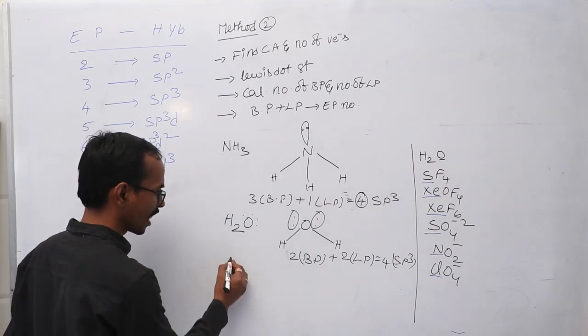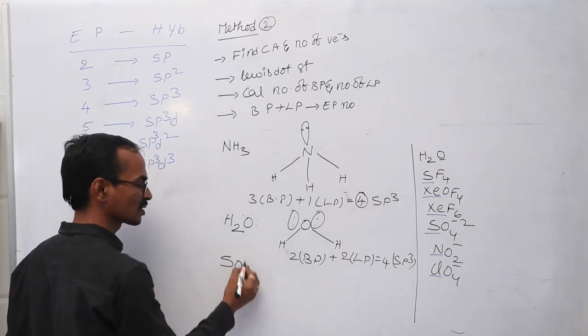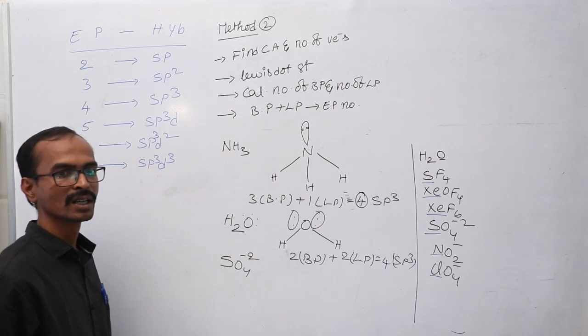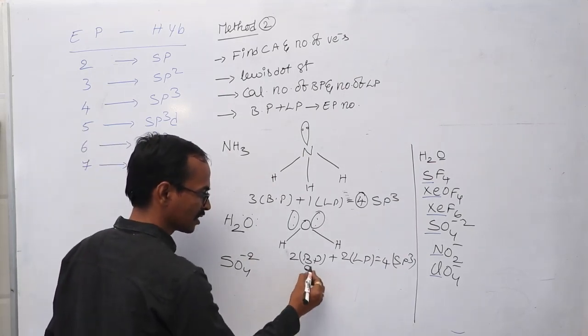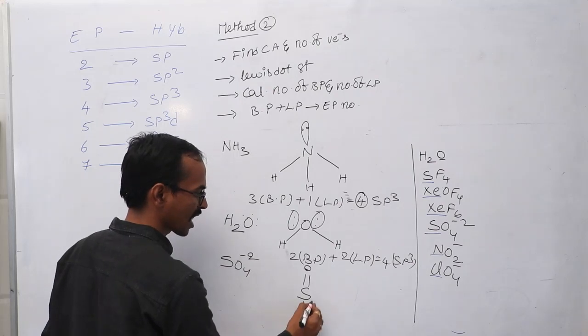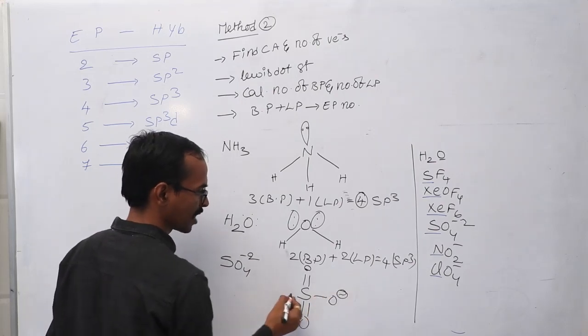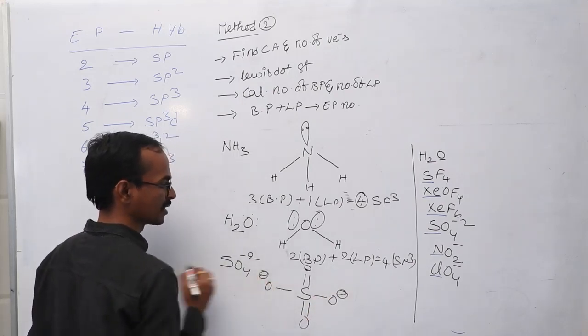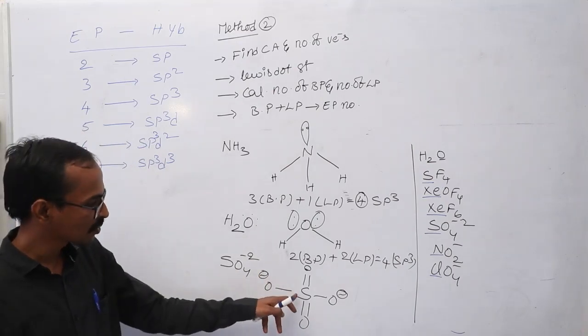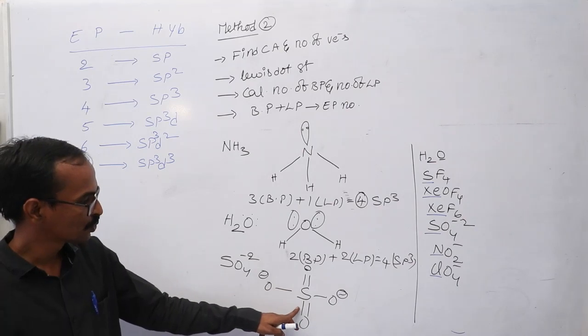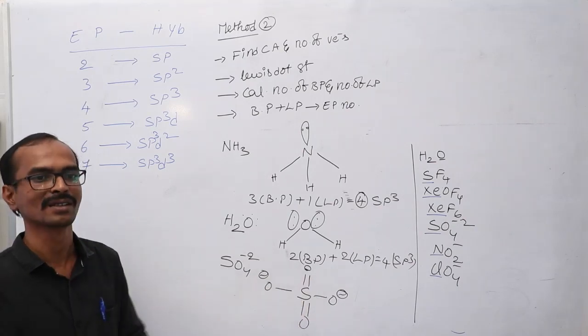In the same way, I will give you some other example, that is SO4 minus 2. Here the central atom is sulfur and it is having two double bonded oxygen atoms, and two oxygens with minus charges. This is the sulfate ion structure. How many bond pairs are there around the sulfur atom? 1, 2, 3, 4, 5, 6.